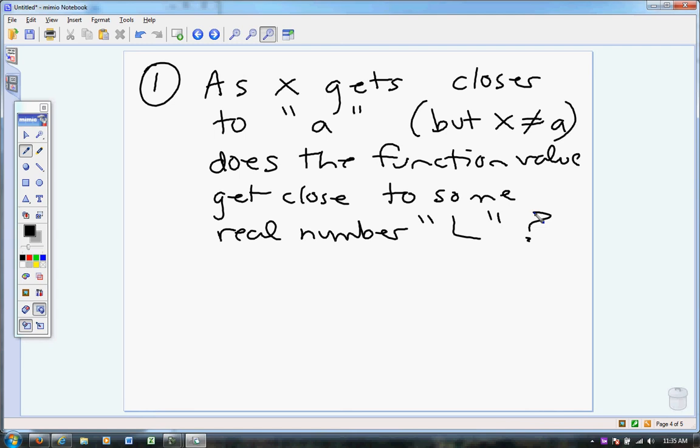Okay, and that is a very important question for limits.